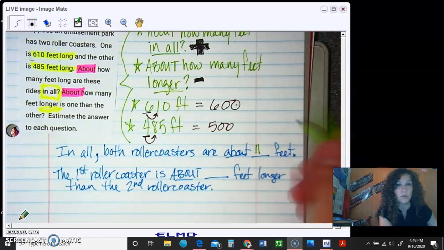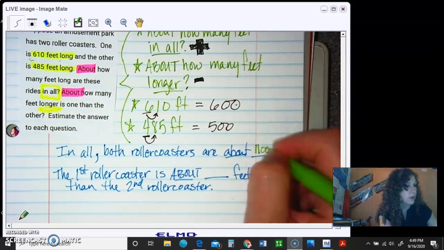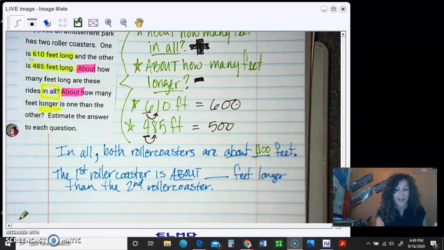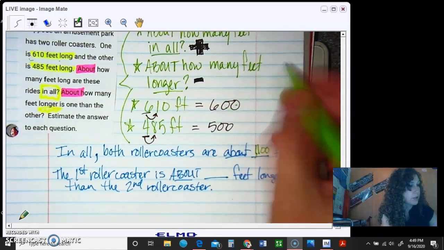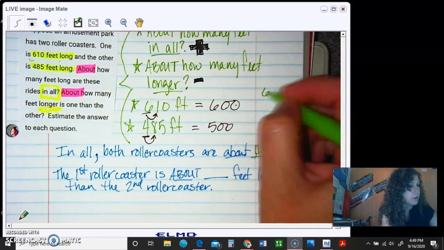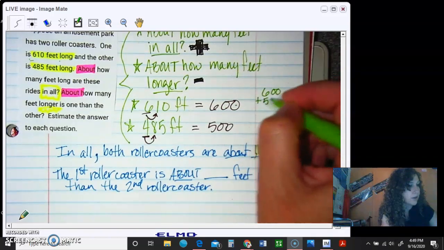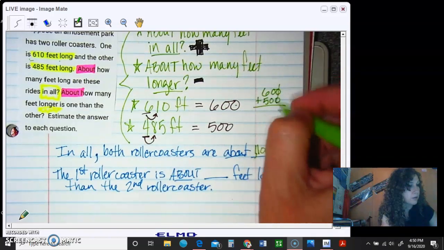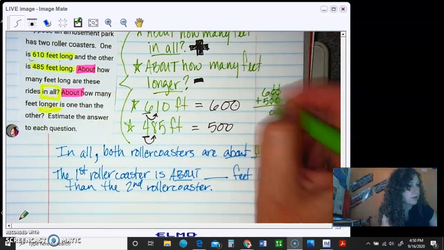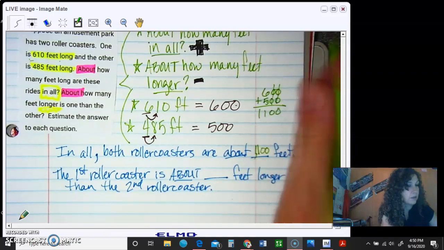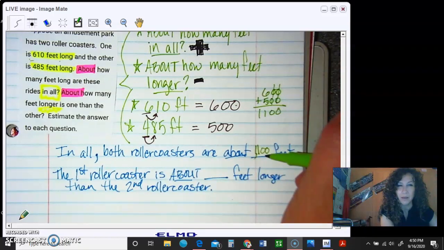Now let's add those 2 zeros on there. And that's our estimated answer. Okay? So if you wanted to line it up, 600 plus 500, you bring those zeros down, you bring those zeros down, and there you have 11. Okay? I think my shortcut makes sense, makes it easy.